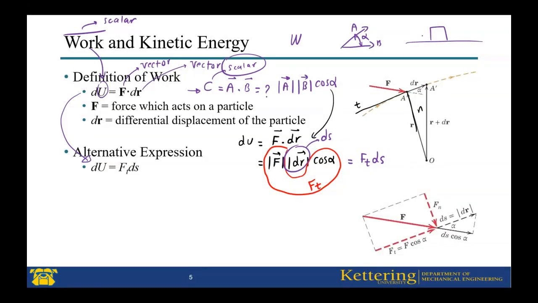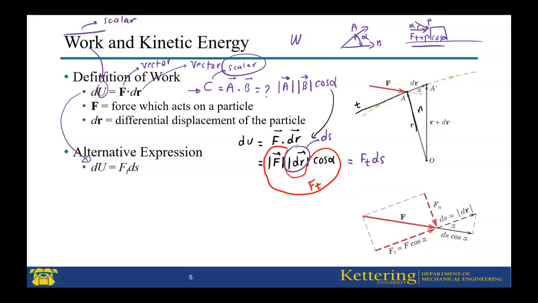Look, if P is applied to this one, for example, Ft will be P cosine alpha. If this one is at an angle of alpha, Ft will be P cosine alpha. This one will be doing work.